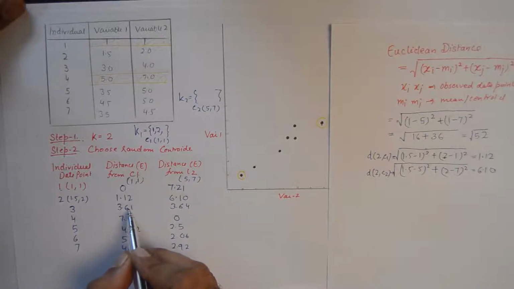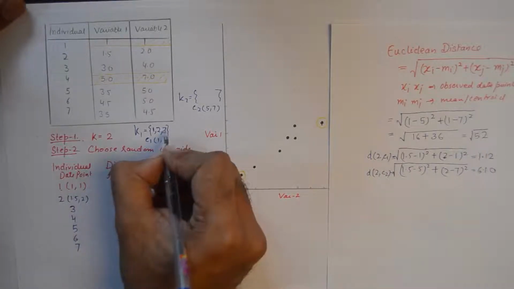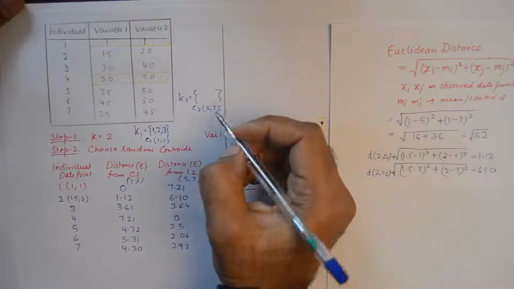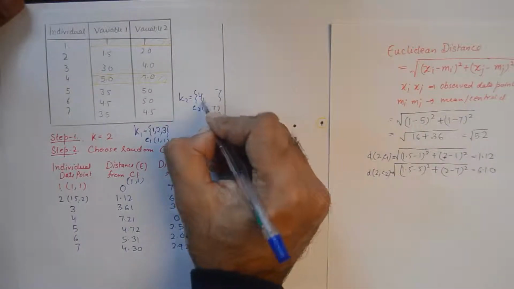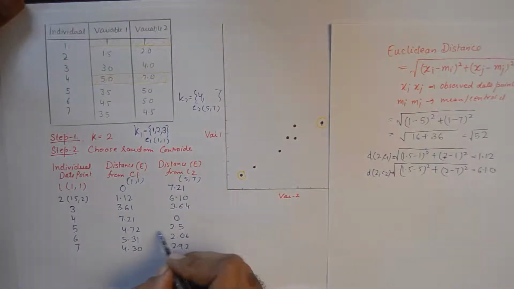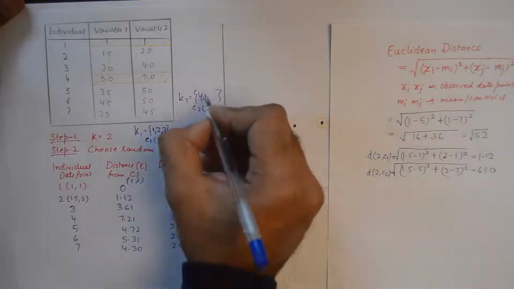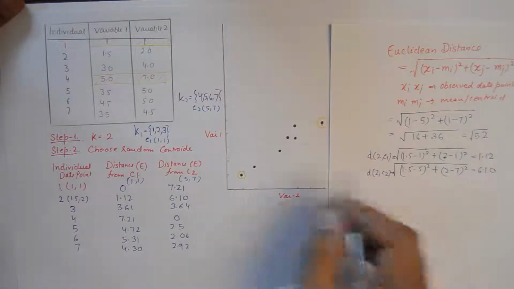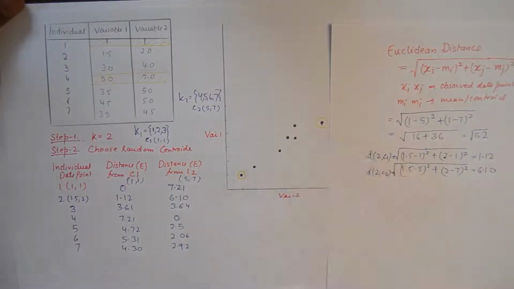It's closer to centroid 1, so I'll put it here. 3 goes into cluster 1. 4 is closer to centroid 2, so 4 goes here. 5 is also closer to centroid 2, so 5 also goes here. 6, 7, they all are nearer to centroid 2, so they all go into this.